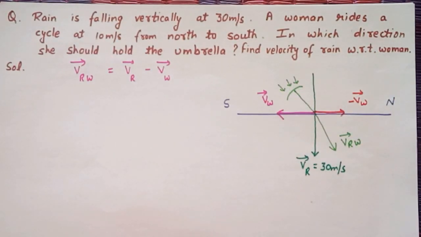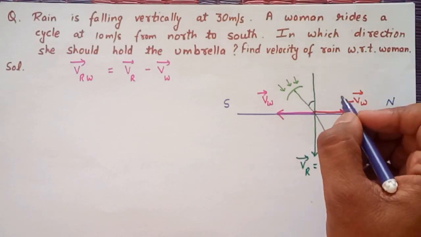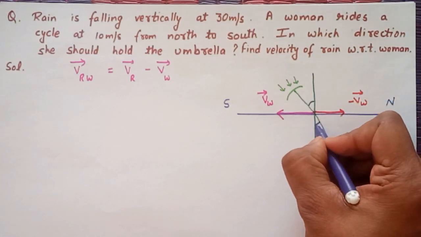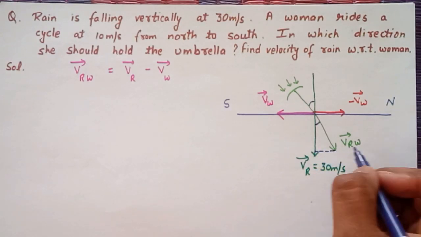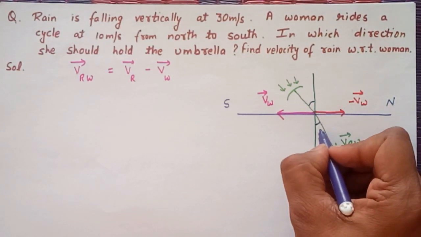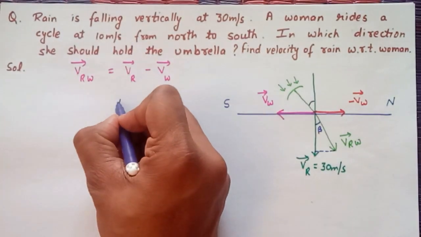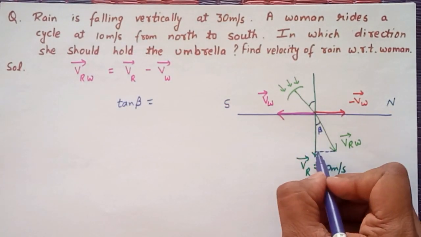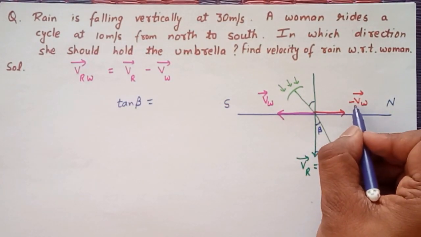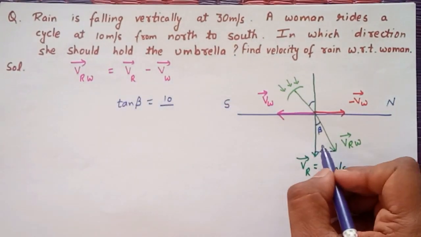Now if I want to find the angle, suppose I want to find this angle from vertical, how much she will tilt her umbrella, I will find this angle. Let me make this a triangle, and let this angle be beta. So what will be tan beta? Tan beta will be perpendicular upon base. Perpendicular is this one, the velocity of woman, and its value is 10, upon base.